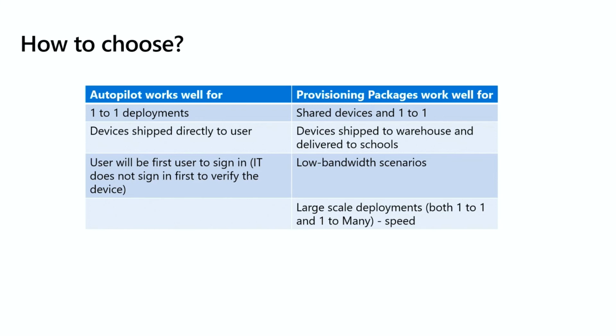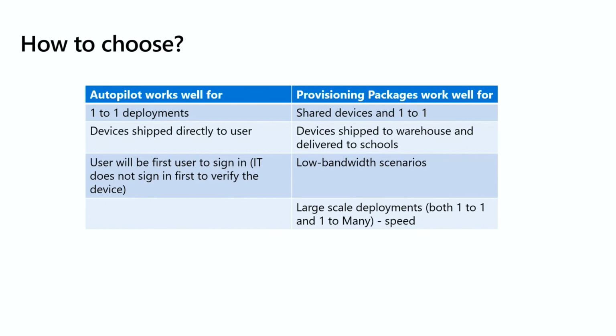And if the user is the first user to sign in, then Autopilot works well. We're going to talk about first user, or what we call primary user, in a second. I've got a whole slide to talk about some scenarios there. But if the user is going to be the first user to sign in that gets the device, then Autopilot's going to work well in that scenario.